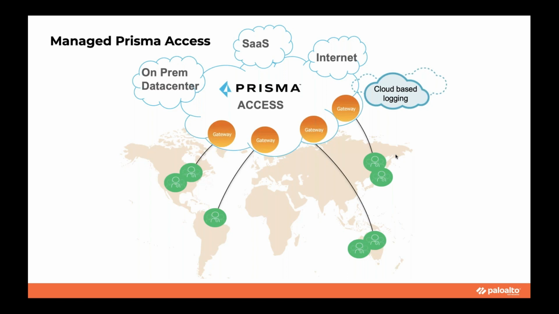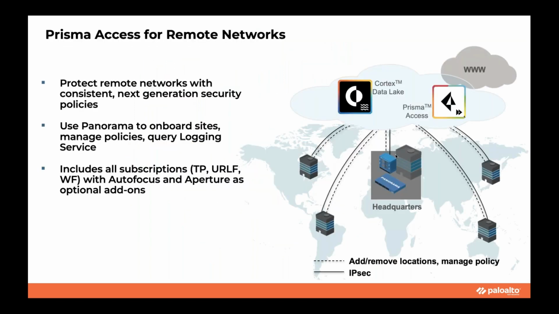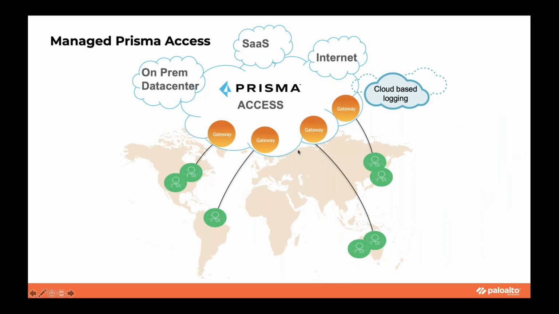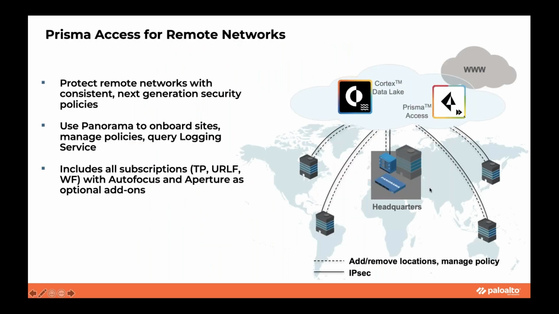So with Panorama, what you're going to do, you're going to read the logs out of the Cortex data lake. But I think it will become more clear on the next slide. So yeah, one thing I forgot, we have our branch offices, which we can connect to Prisma Access. Okay, and we can also connect our mobile users to Prisma Access. So this becomes clear here in this slide.